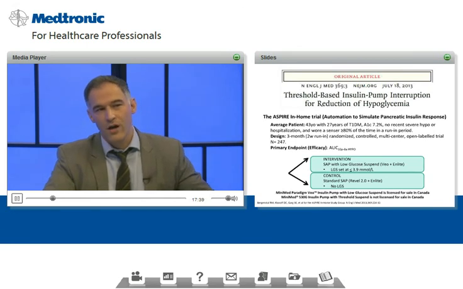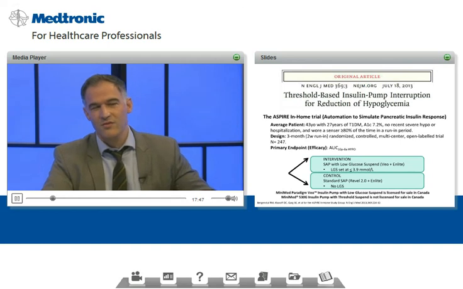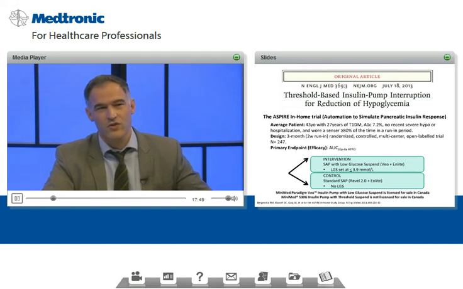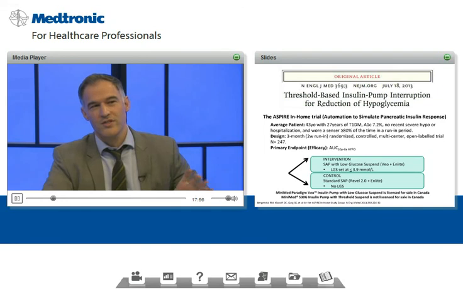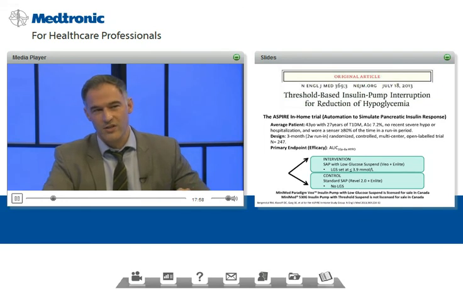The average patient in this study, and there were about 250 people, was a 43-year-old with 27 years of type 1 diabetes and an A1C that was just above target at 7.2, and no recent severe hypo or hospitalization. In a 2-week run-in period, they wore a sensor 80% of the time or more.